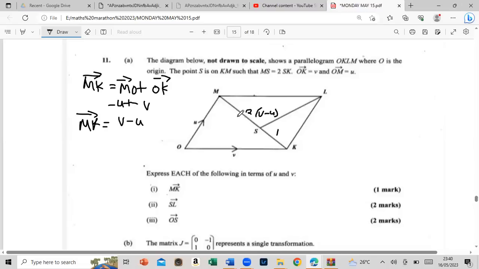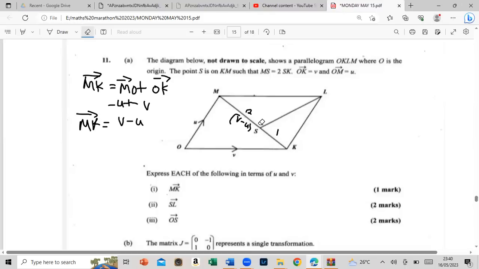I'm going to put it over here: V minus U, the entire thing. And they gave us a proportion, right? They told us that from here, MS is 2 times MK. So the ratio is 2 to 1.